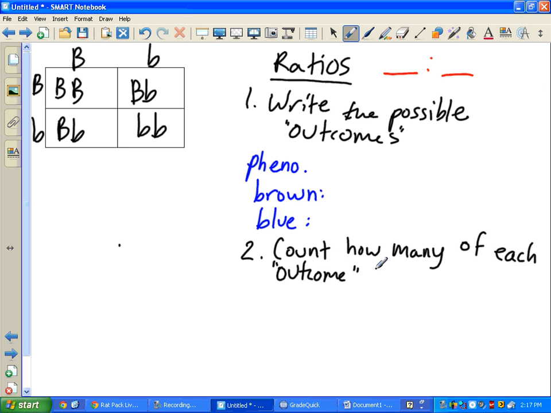How many of each outcome are in the Punnett square?